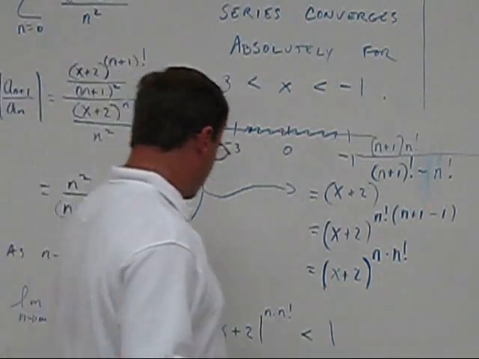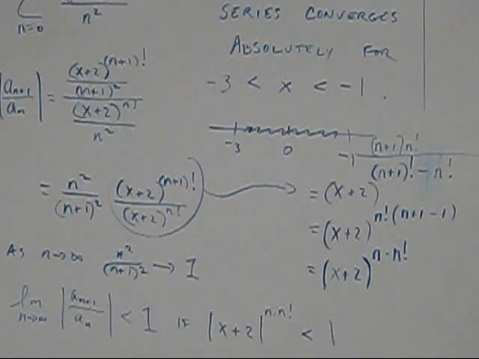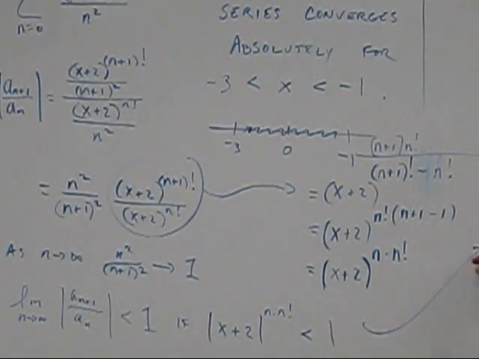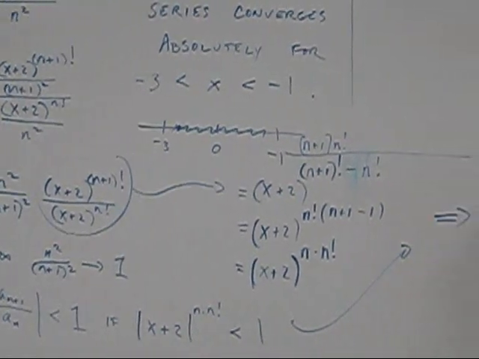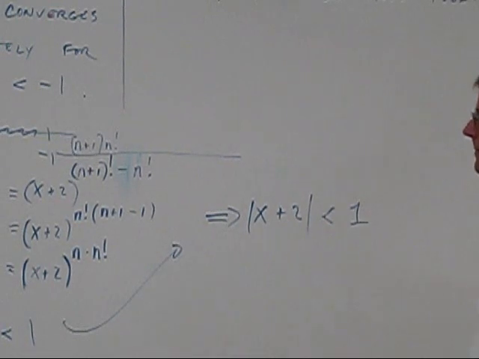And that happens, so what does it mean for something to a power to be less than 1? That means that something had to be less than 1 to begin with. So this implies that the absolute value of x+2 is less than 1.